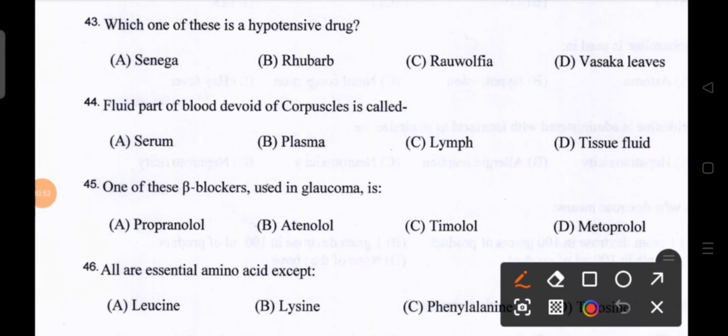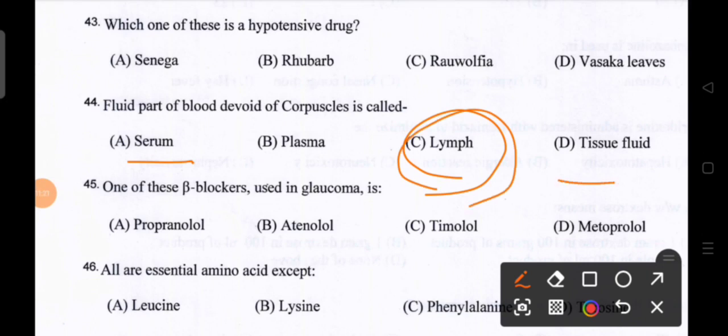First, coming towards serum. Serum is normally a liquid part of the blood without clotting factors. The liquid part of the blood which does not contain the clotting factors is known as serum. And coming towards lymph, lymph is the fluid which flows inside our lymphatic vessels, lymph nodes, etc. And these are the tissue fluid.